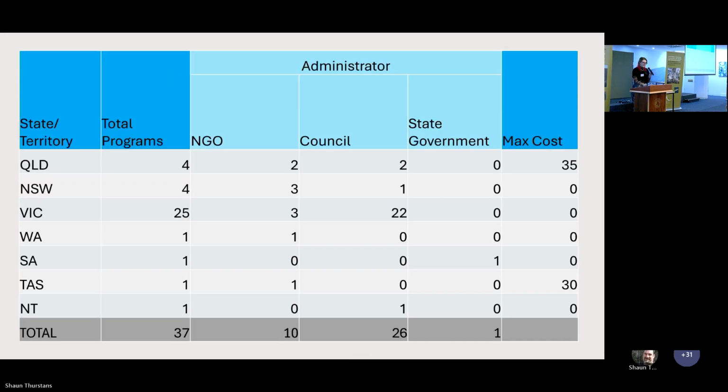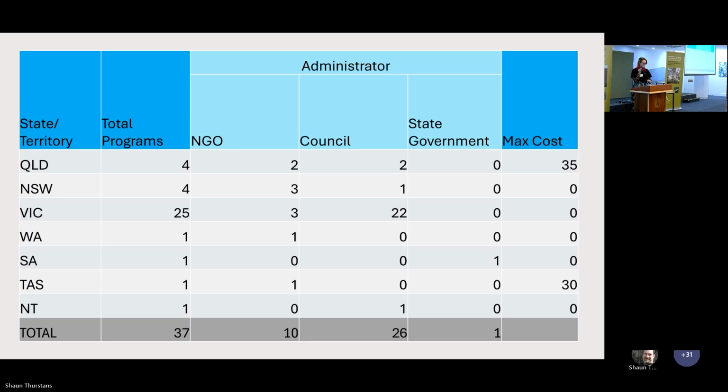Across Australia, I found 37 programs currently running, with Victoria having the largest number at 25, and the majority of the Victorian programs began after a body of research was conducted by Professor Laura Mumaw on an original program, the Knox Gardens for Wildlife, where this research was then transferred into a framework for scaling out to other LGAs.